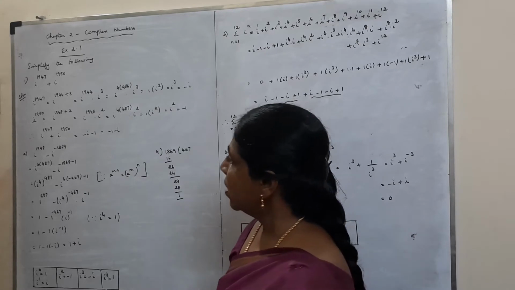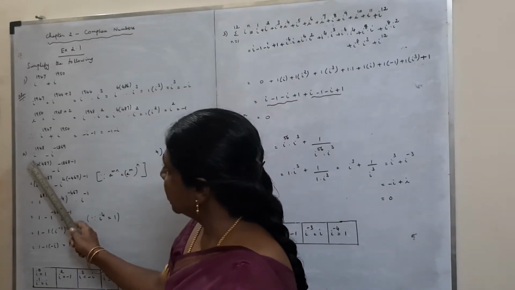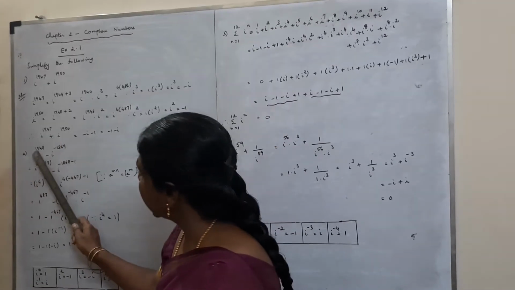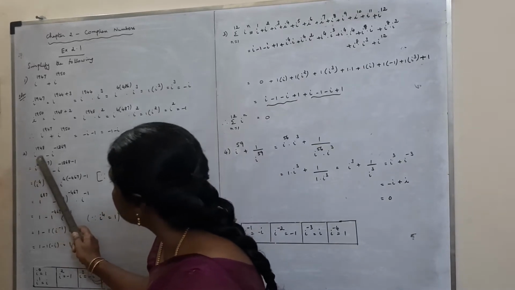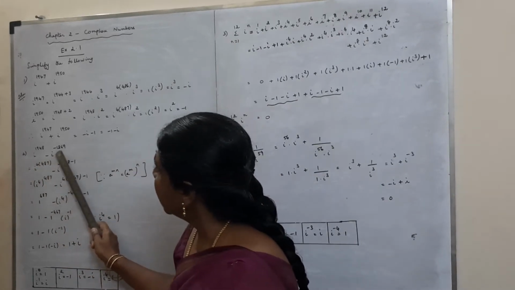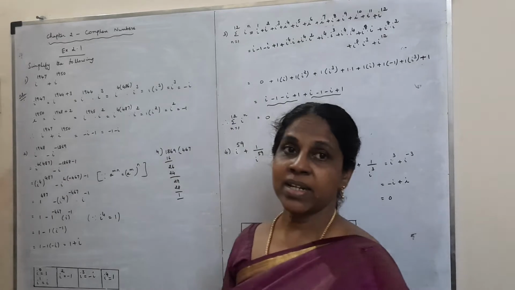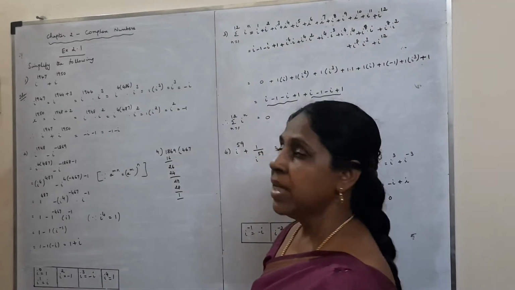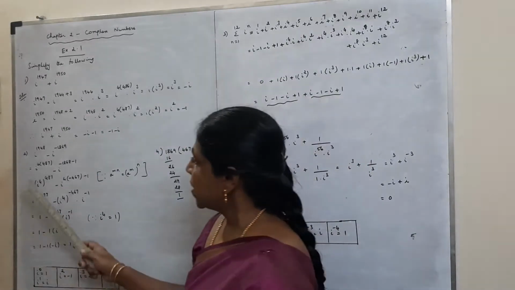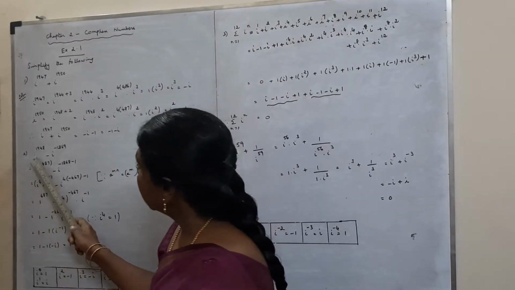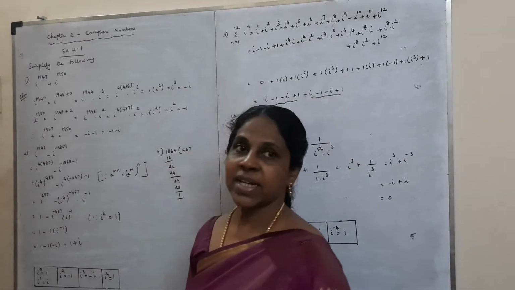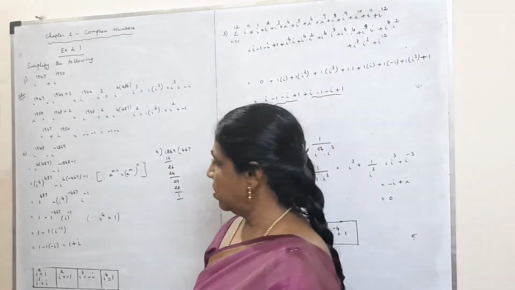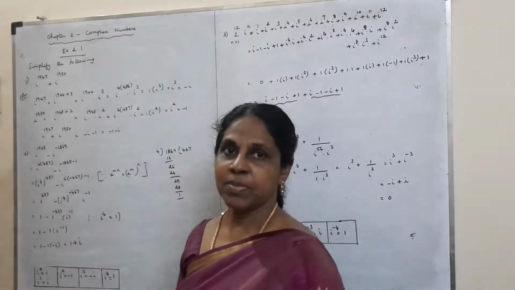Is that okay? Next problem: simplify i^1948 minus i^(-1869). Here we have i to a negative power, and we know how to simplify even negative powers of i. 1948 is exactly divisible by 4, since the last 2 digits, 48, are divisible by 4. Therefore the whole number 1948 is divisible by 4.